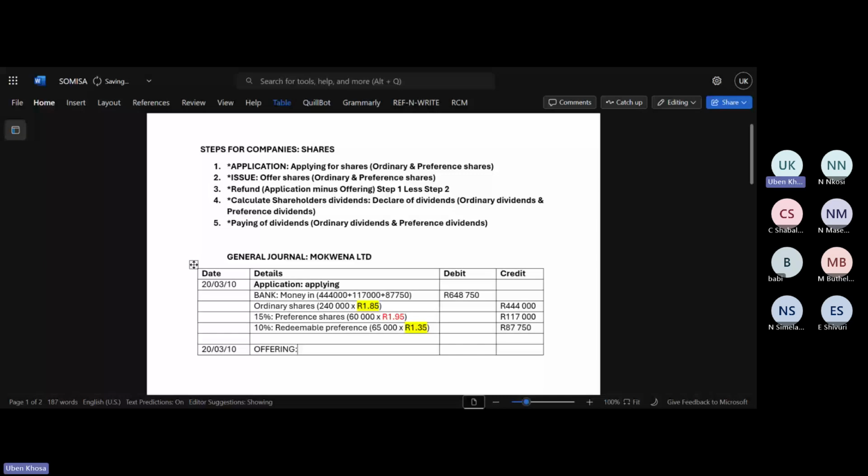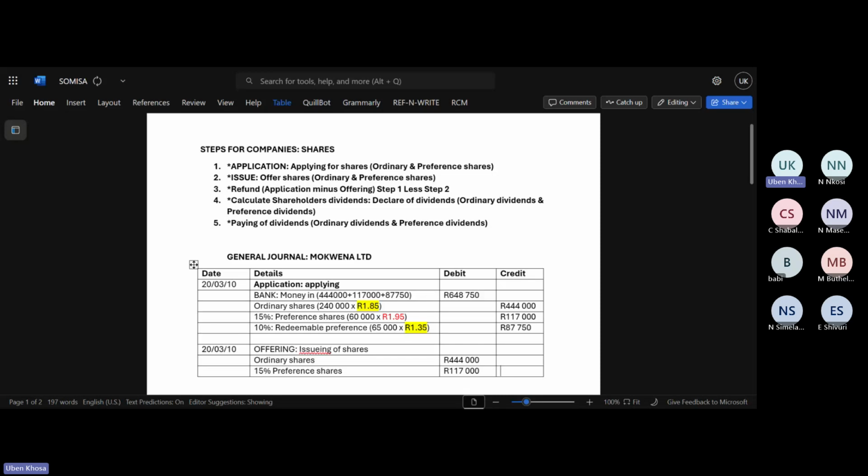Now listen to me. They applied for ordinary shares to the value of 444,000. Secondly, they applied for 15% preference shares to the value of how much? 117,000.